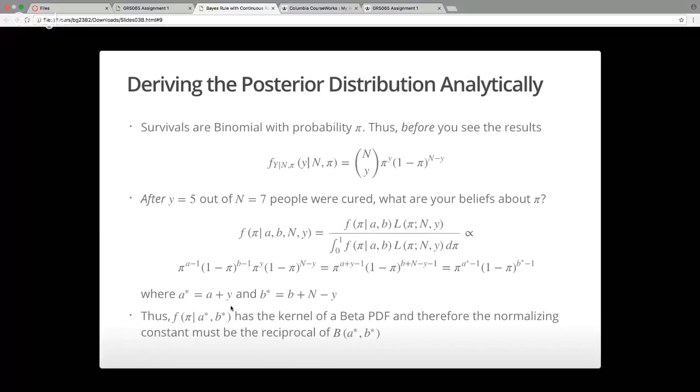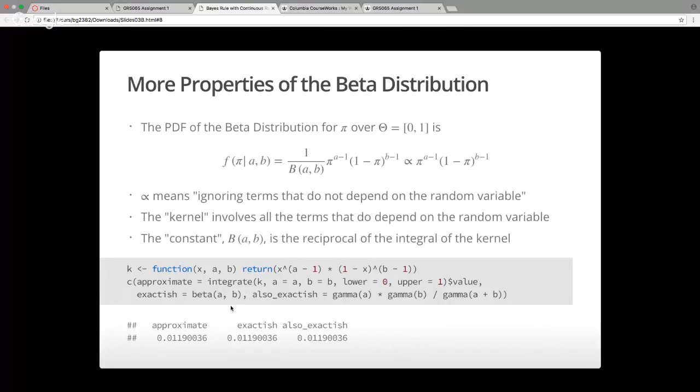We collect terms, so we now have pi raised to the power a plus y minus 1 times the quantity 1 minus pi raised to the power b plus n minus y minus 1. And if we let a star be a plus y, and we let b star be b plus n minus y, we now have this expression here, which is the same as the kernel of the beta distribution, just replacing a with a star and b with b star.